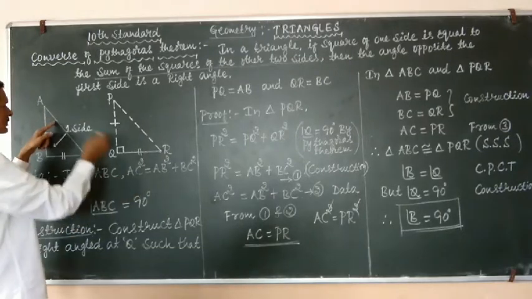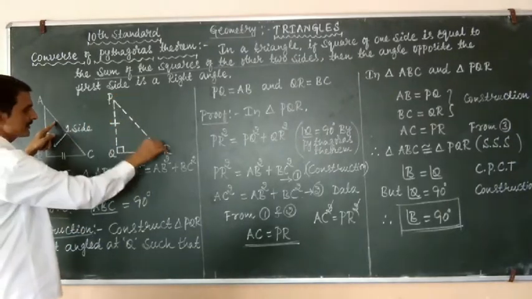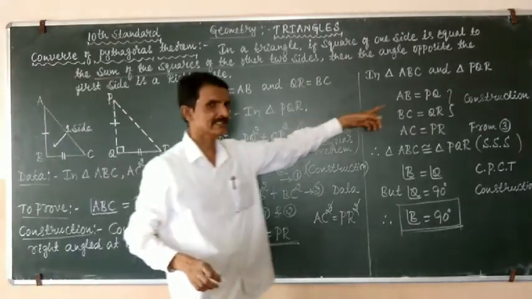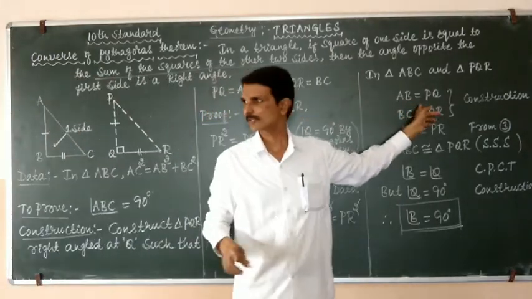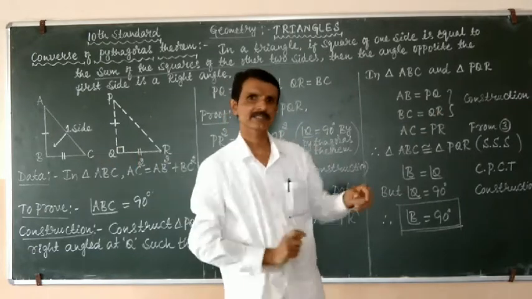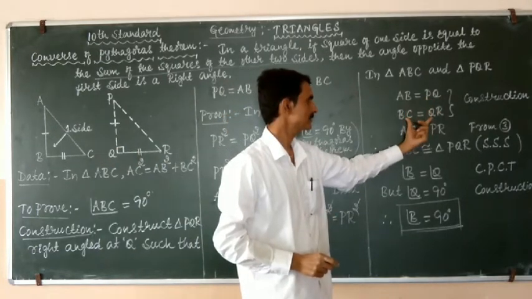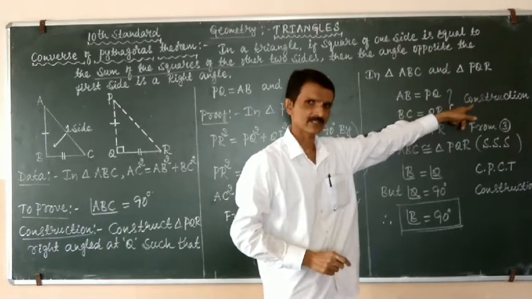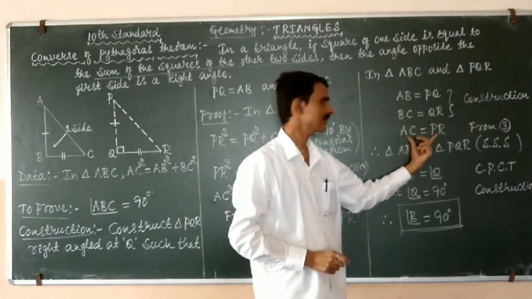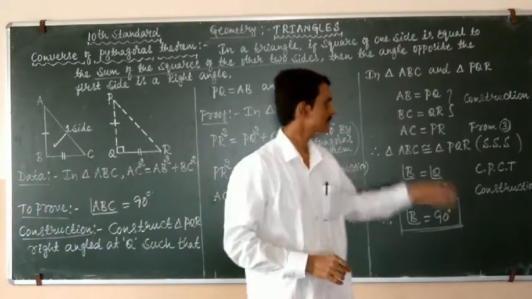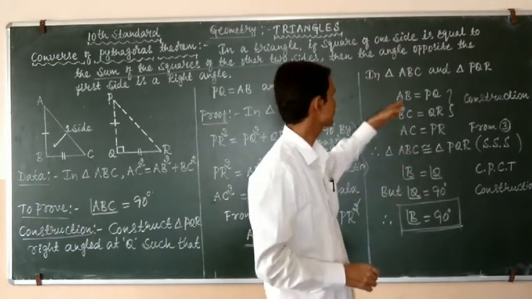And we have proved AC is equal to PR. So AB equals PQ, BC equals QR from construction, and AC equals PR, what we have proved here. Observe this.